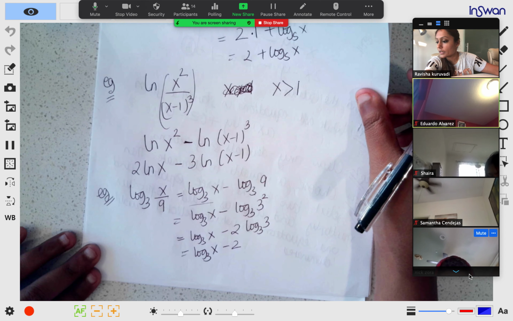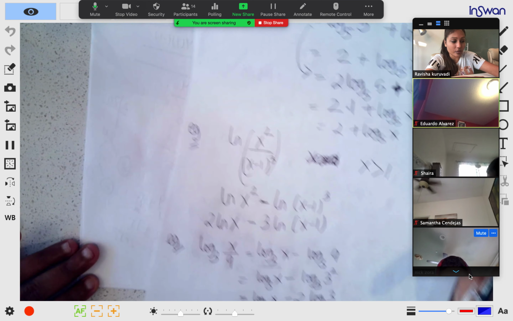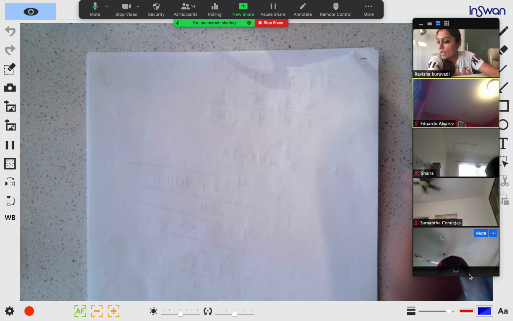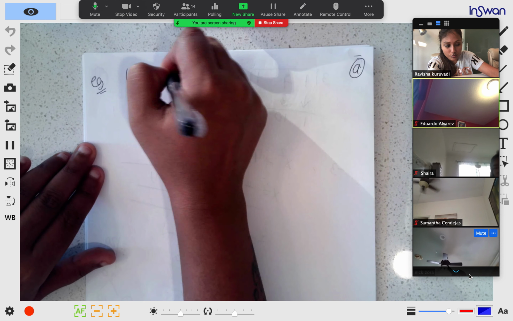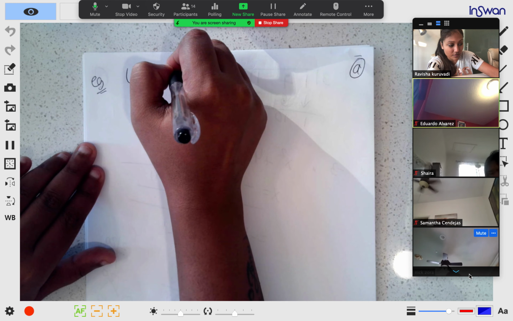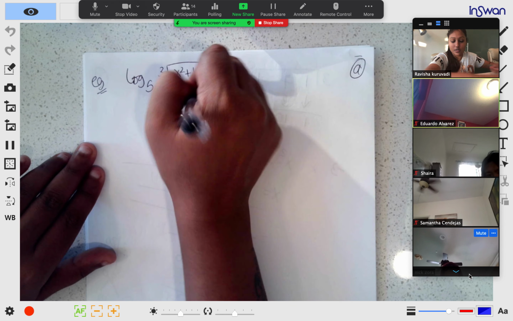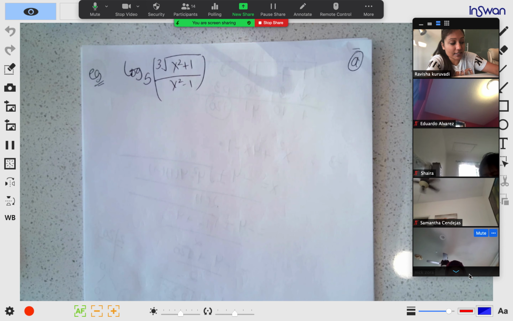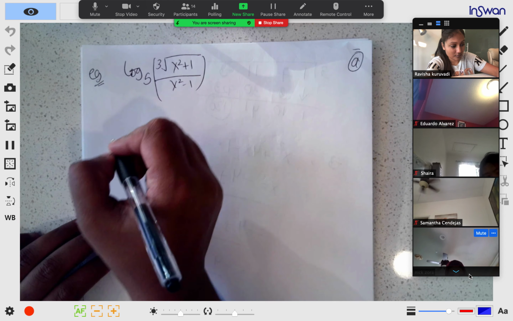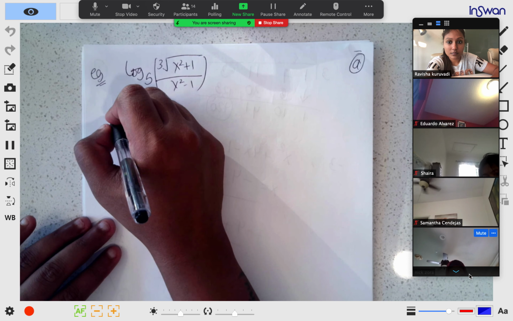Okay. Let's see. I'm going to give you one more example: you have log base 5 cube root of x square plus 1 over x square minus 1. You need to solve this. Christopher, what do you get for this? So since there's multiplying in the numerator, I believe you have to separate those.